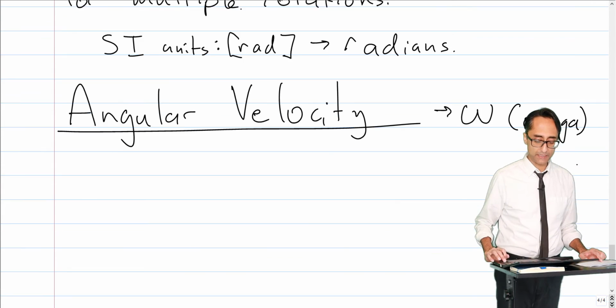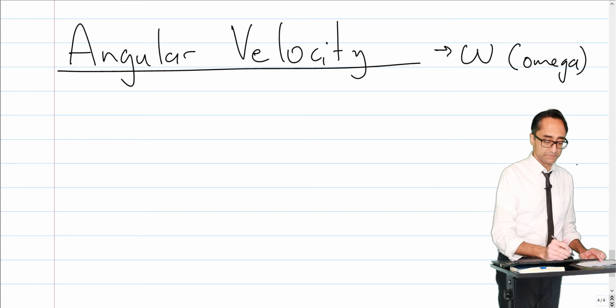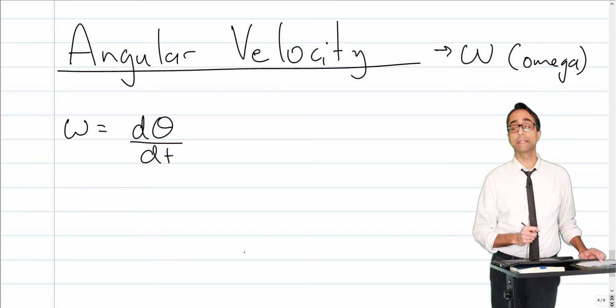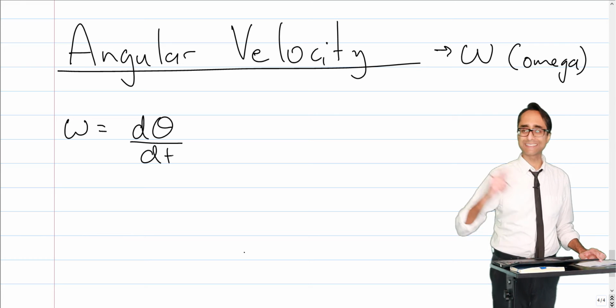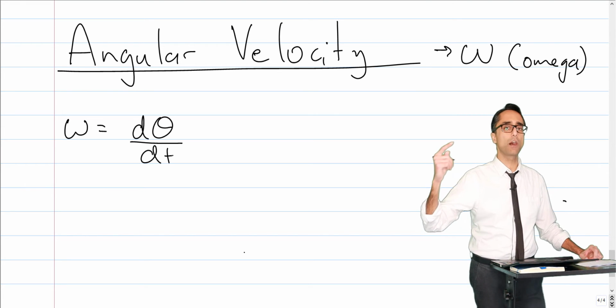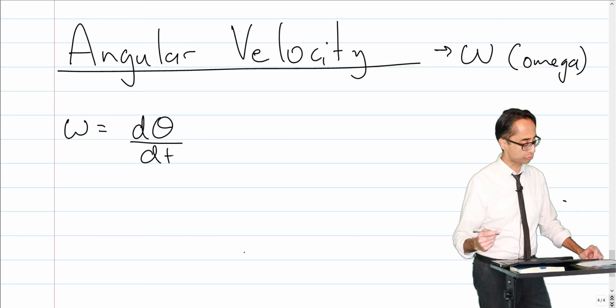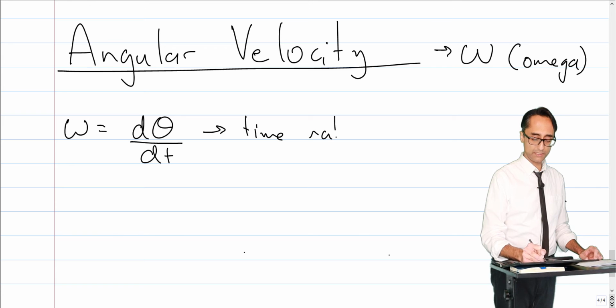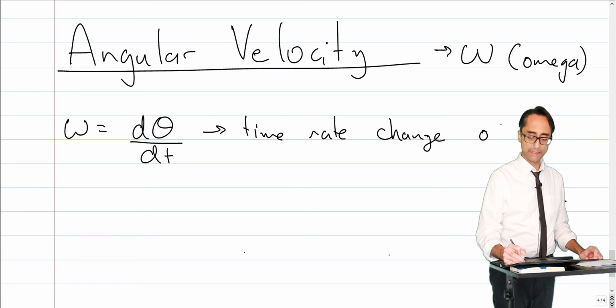And so we're going to define angular velocity in its more technical form, omega, as the time rate change of angular displacement. Just as v was the time rate change of regular displacement, our angular velocity is the time rate change of angular displacement.